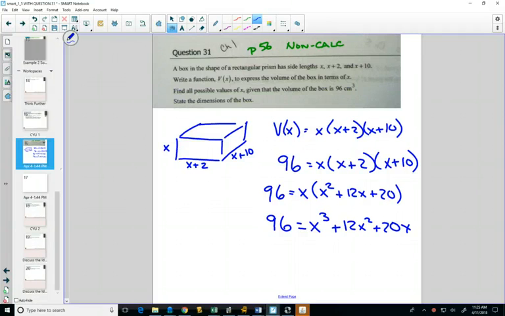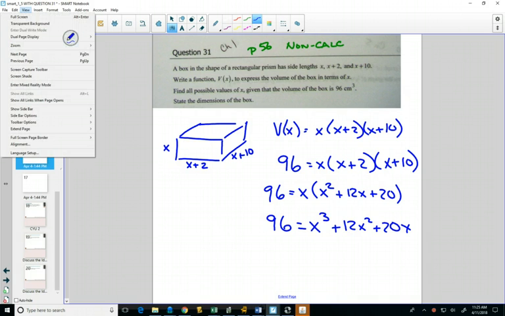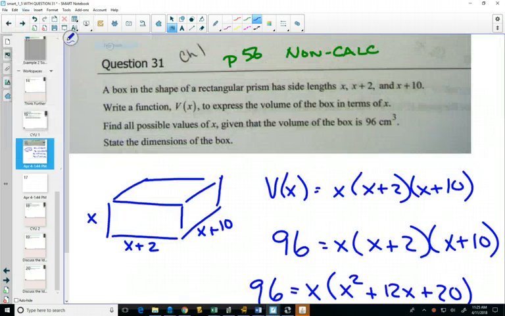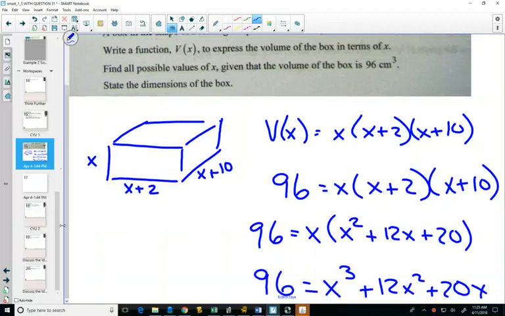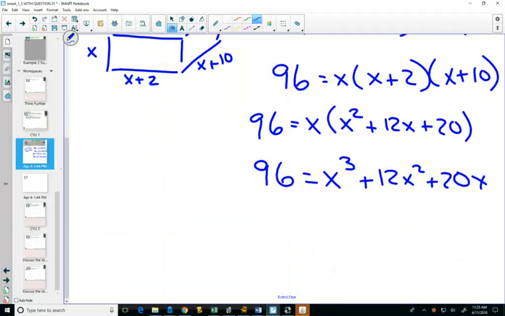And now if I want to solve that equation, I need to factor it, but first I need to make one side equal to 0. So if I move the 96 over, by subtracting 96 on both sides, I'll make one side equal to 0. And at this point, you needed to factor.